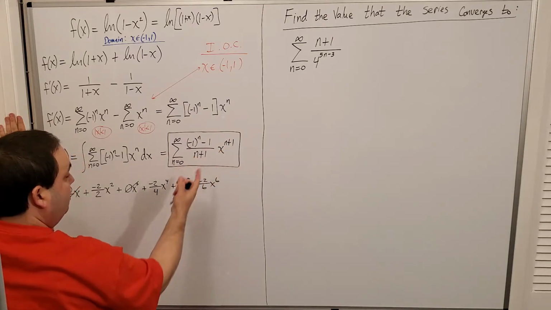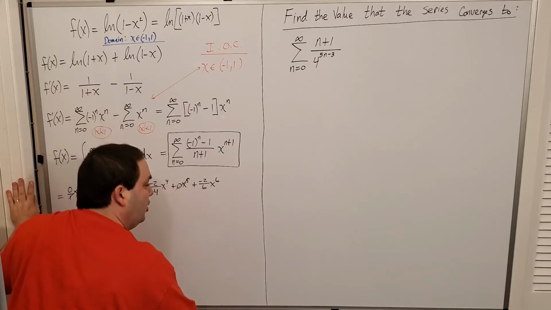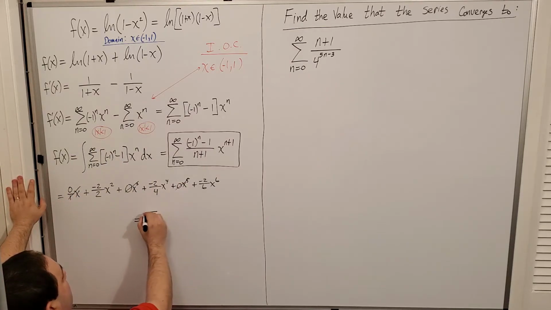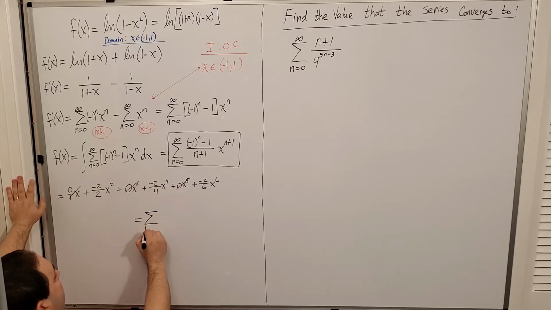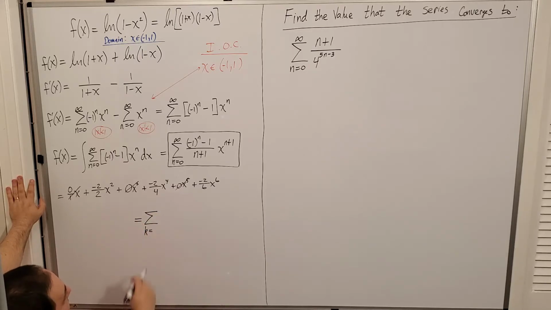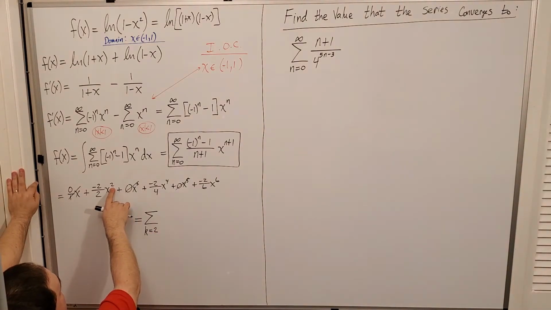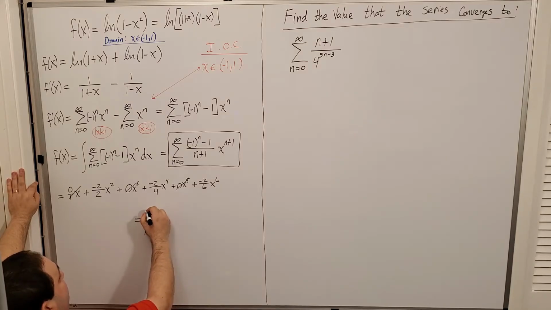Naturally, because they're both n plus 1. We can make a new pattern out of this. This is actually equal to the sum from k equals, and I'm picking a different letter so you don't get it confused with that one, okay? But where k is going to be equal to 2, you see, okay, from 2 to infinity.